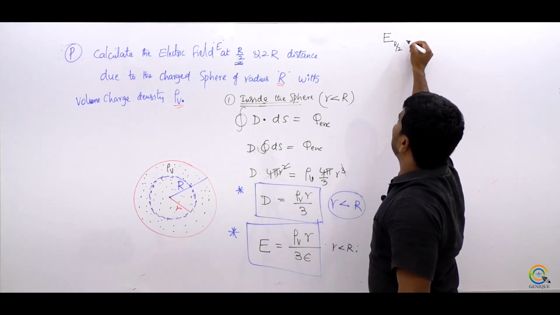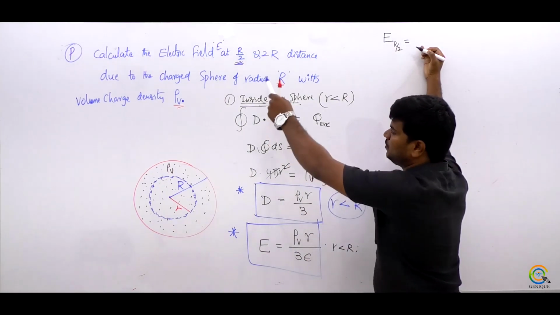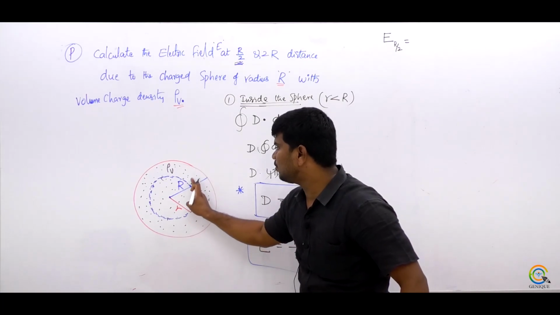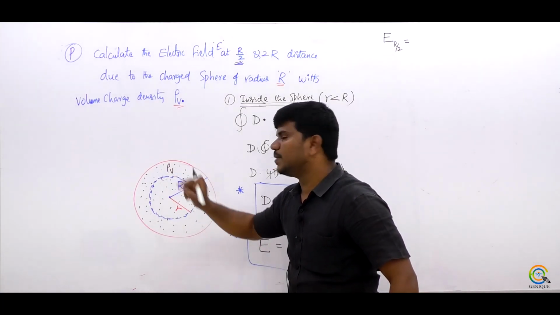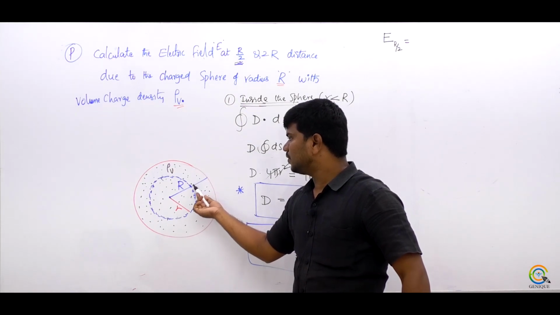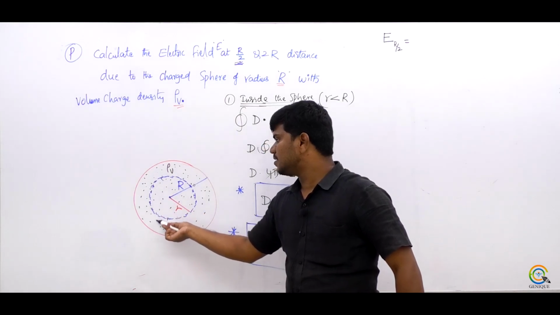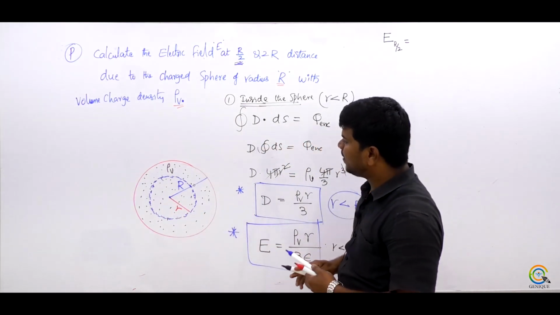At a distance of where? You have to find at r equals R by 2. Suppose this is the R by 2 here. You have to consider this as the Gaussian surface at R by 2.